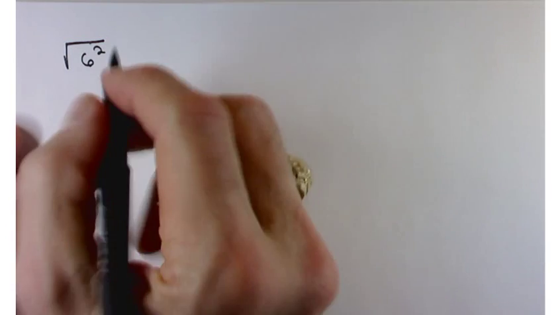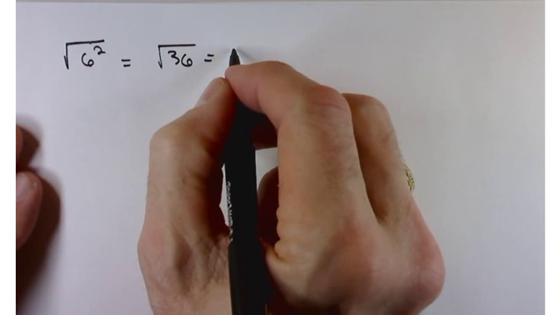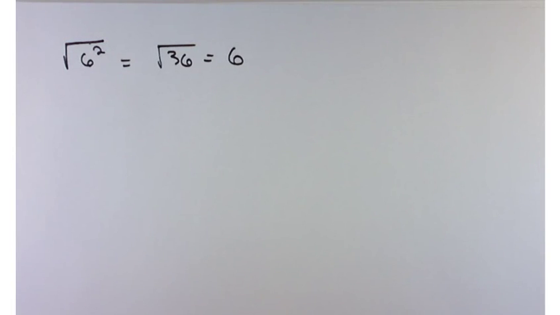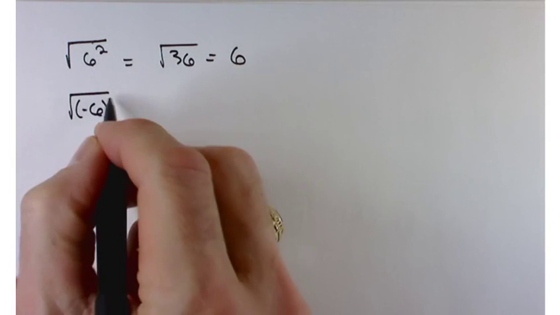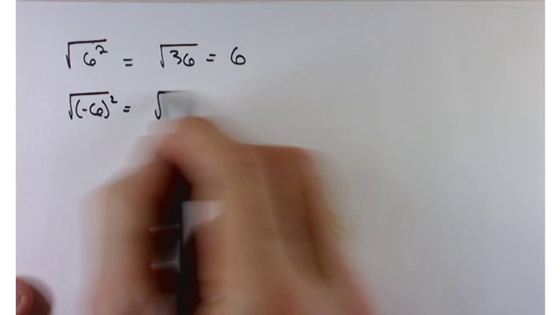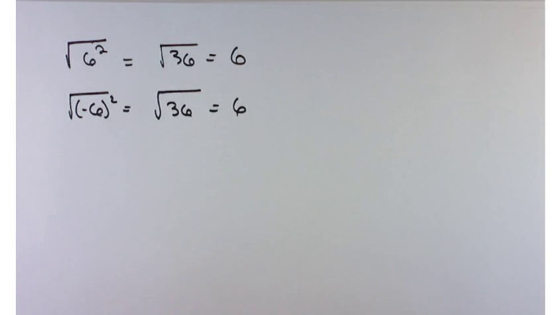Now, what is 6 squared? 36. And the square root of that is 6. No big deal there. How about if I started out with negative 6 and squared that? I still get 36, and the square root is still 6.